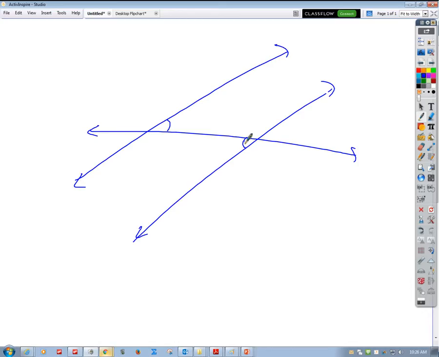For example, if corresponding angles are congruent, then the lines are parallel. If consecutive interior angles are supplementary, then the lines are parallel. Or in this case, if alternate interior angles are congruent, then we know that the lines are parallel, right?